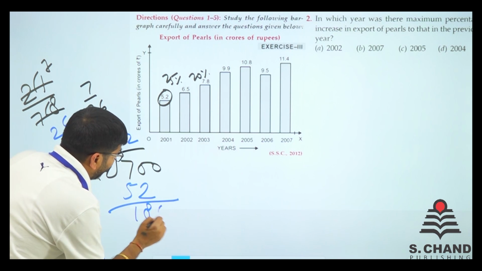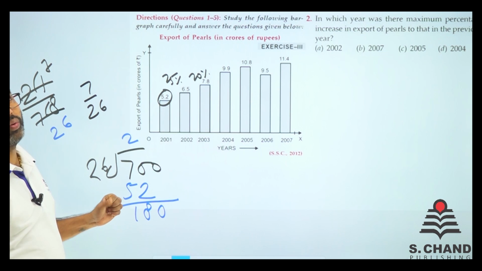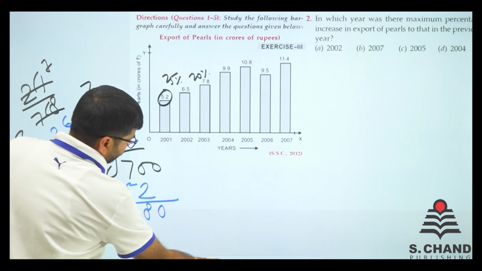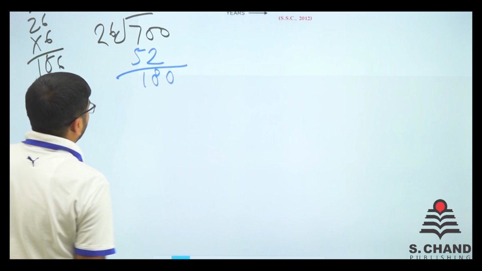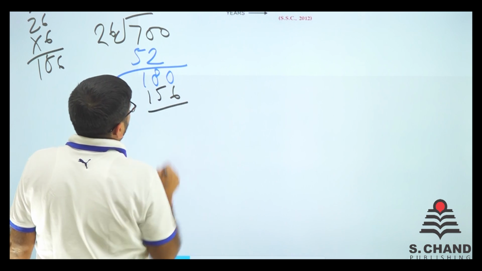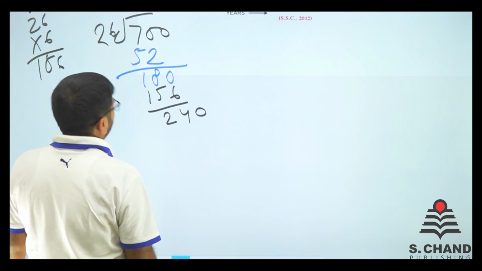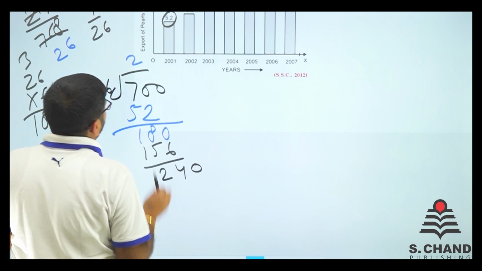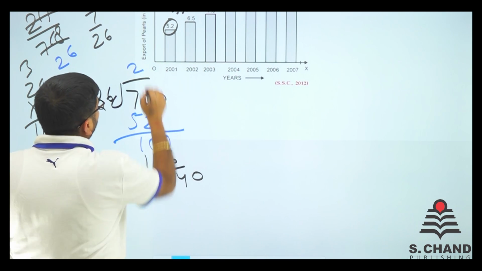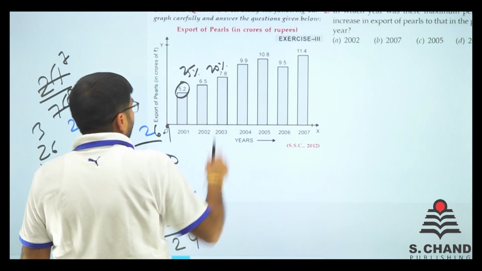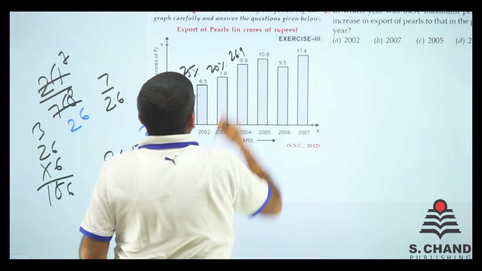We have got 180 here, right? 180 is 26 into, say for example, almost 6 times. 6 6s are 36, 6 2s are 12, 12 and 3, 156. So it is like 156. So we get 24, almost 9 times. So approximately 26.9, right? So this comes out to be 26.9.